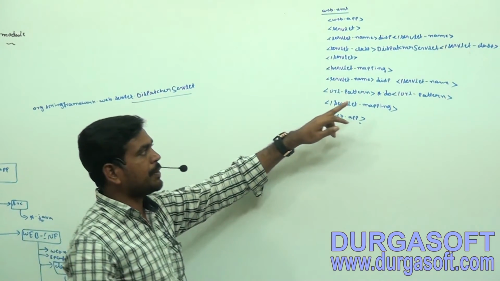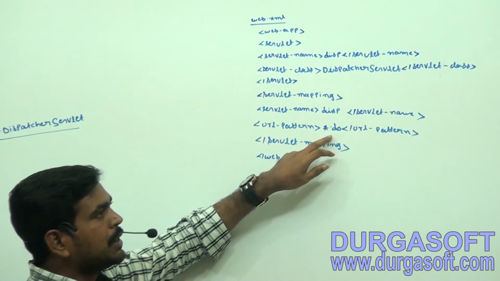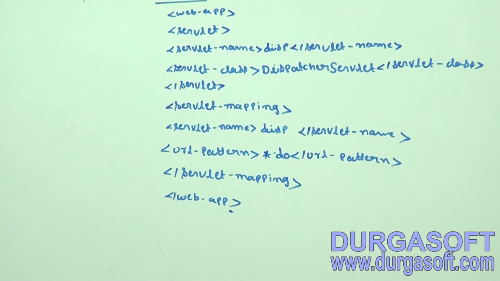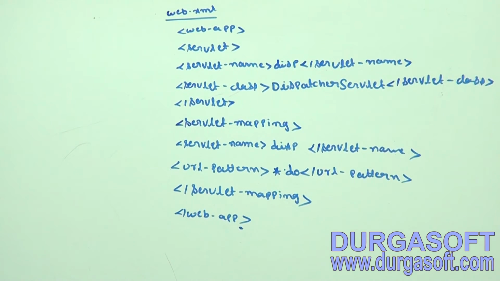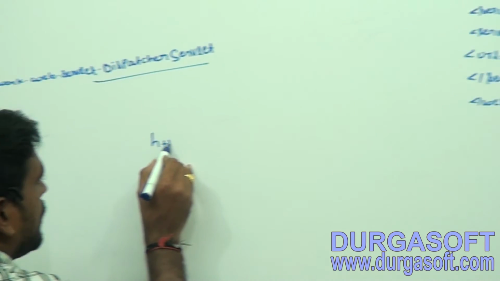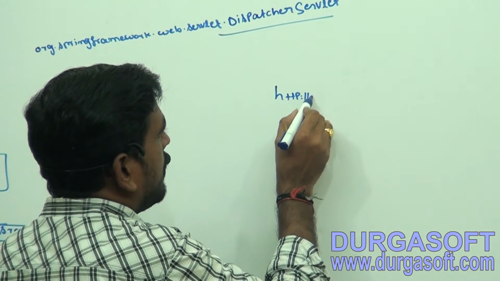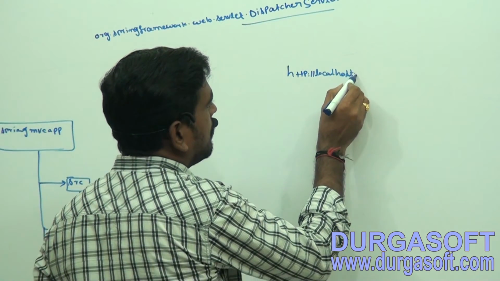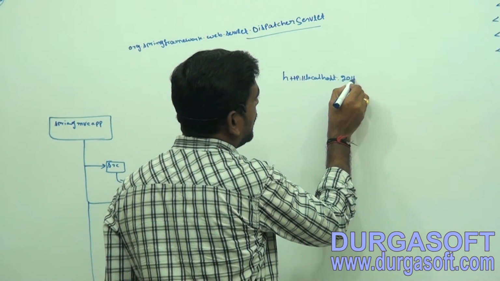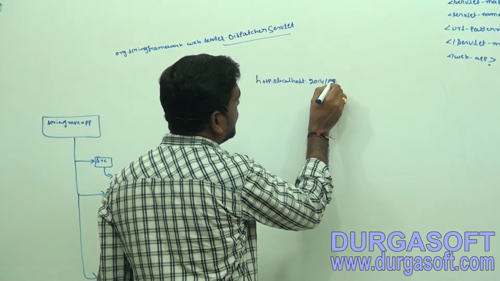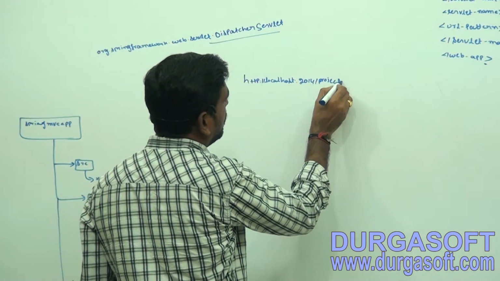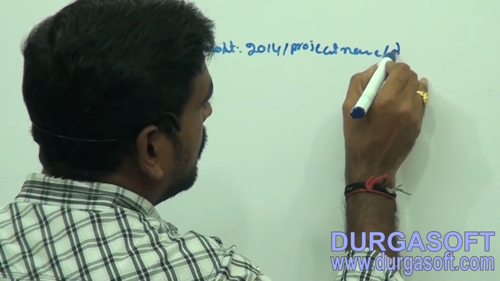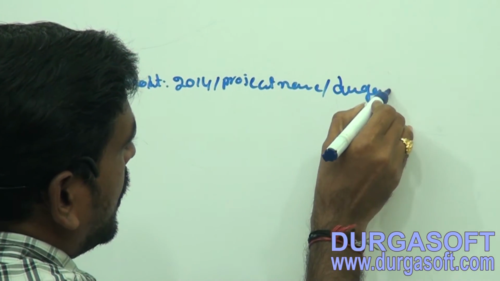This is what type of URL pattern? This is extension match. So now here http://localhost:2014, the next project name, the next slash durga.do.